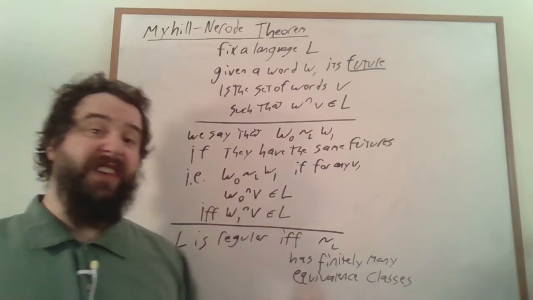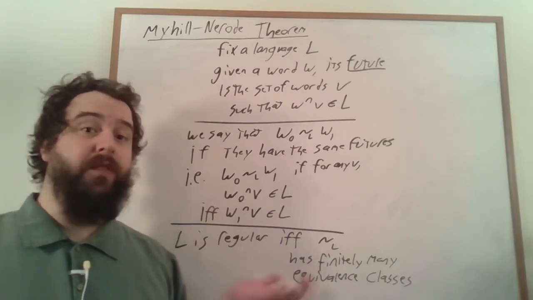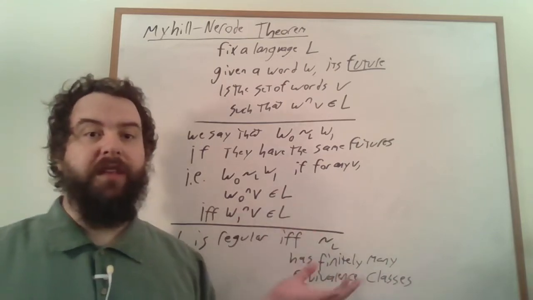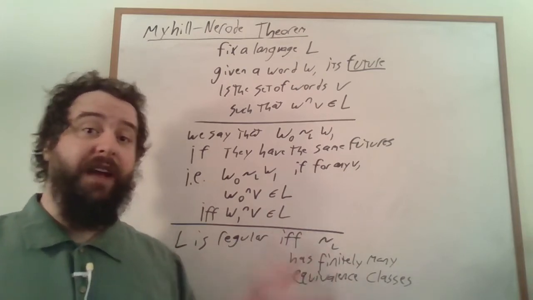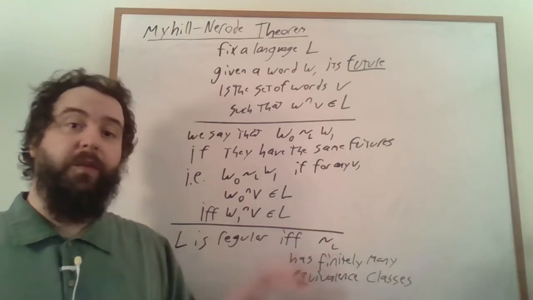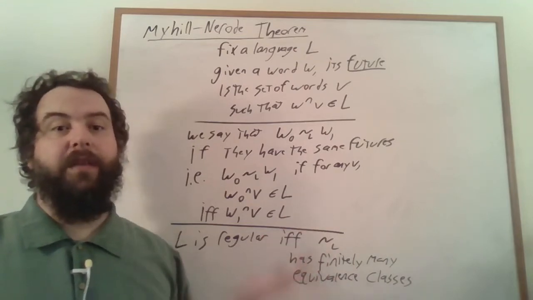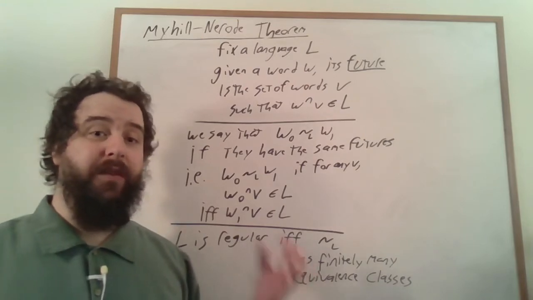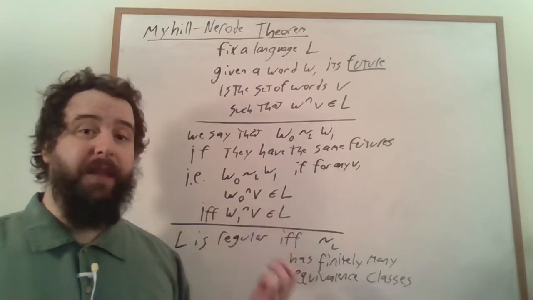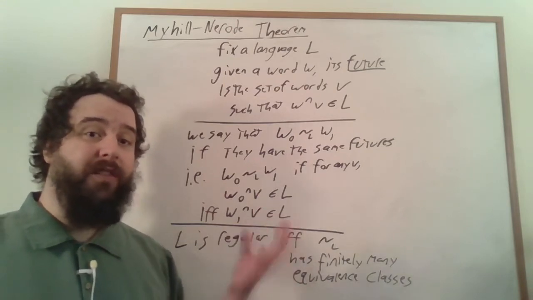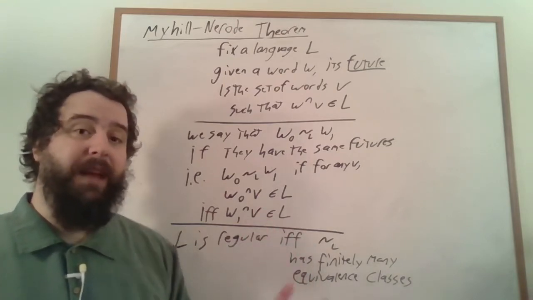As such, if there are only finitely many Myhill-Nerode equivalence classes, our merged automaton, our minimized automaton, is going to have finitely many states. And so our language is going to be regular because here we have a finite state automaton that recognizes it. On the other hand, if we weren't able to merge things together enough to get only finitely many states, then what we're left with is a minimal automaton with infinitely many states.